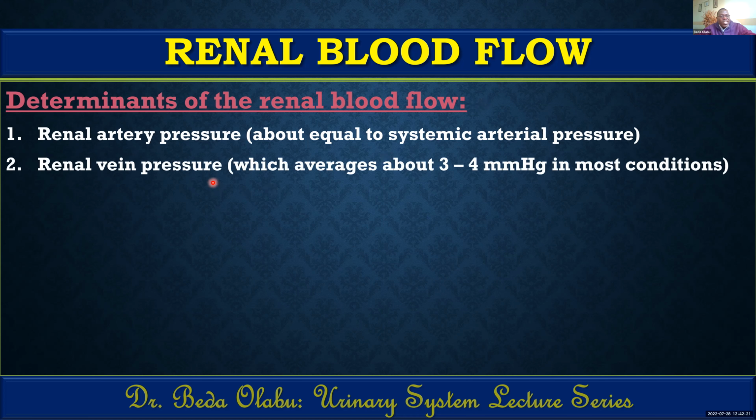The other parameter that affects renal blood flow is the pressure within the renal vein. It is usually about 3 to 4 millimeters of mercury, but in pathological conditions where there is perhaps some blockage or obstruction, the pressure within the renal vein can be high.